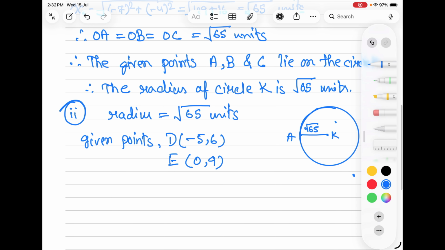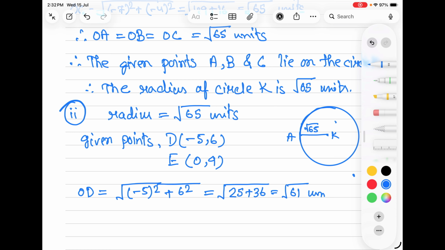Now find the distance of D from the origin, that means OD. Square root of minus 5 whole square plus 6 square. Using which formula? Distance formula from origin, square root of x square plus y square. Now minus 5 whole square is 25 plus 6 square 36 equals square root of 61 units. First check whether D is within the circle, on the circle or outside the circle.